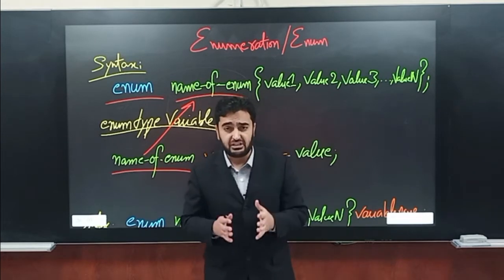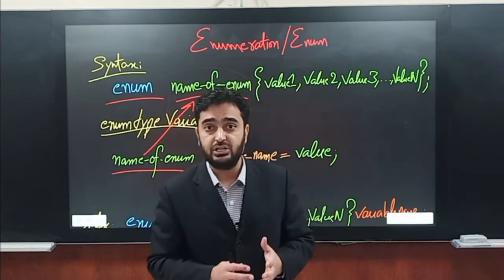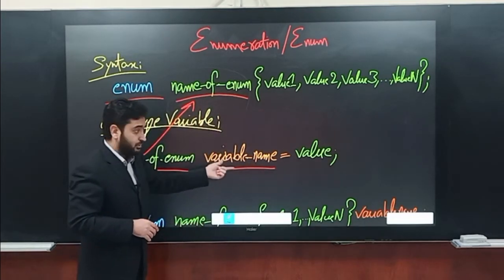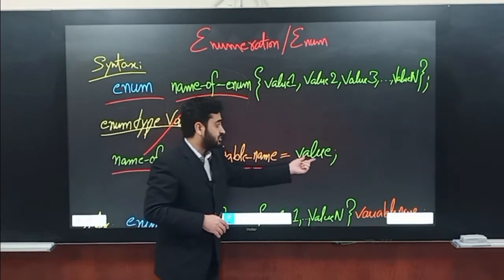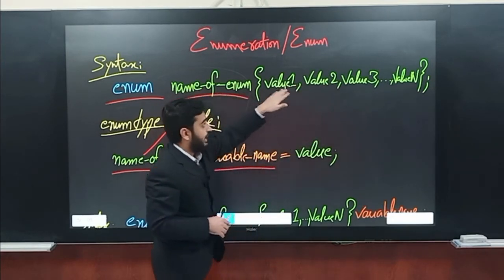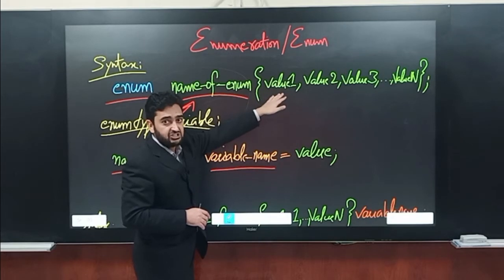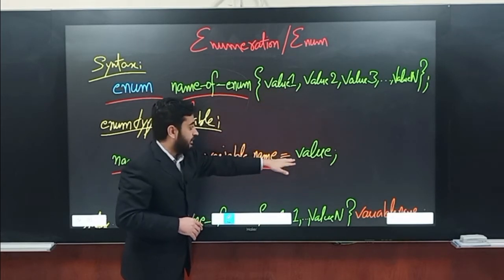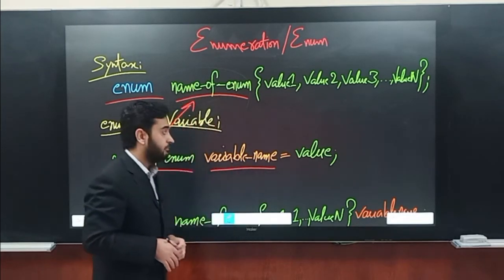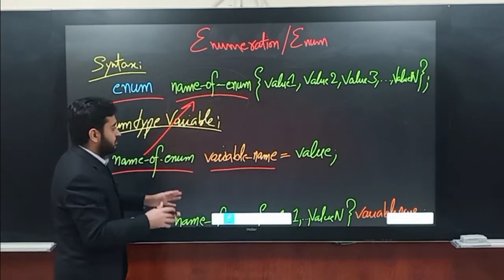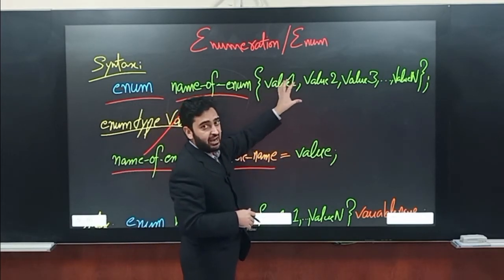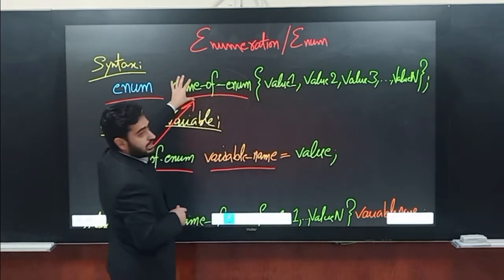This is one of the constraints of enumeration in C++: the value you assign to the identifier must be from the set of the values. If you give a value which does not exist in this set, the compiler will create a compilation time error. So it bounds you, the programmer or the user, to provide only the values defined in the set provided to the enumeration.